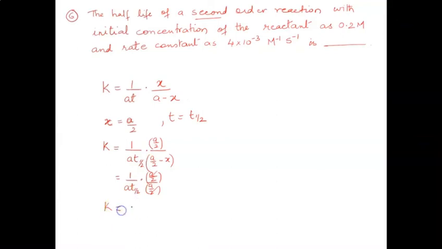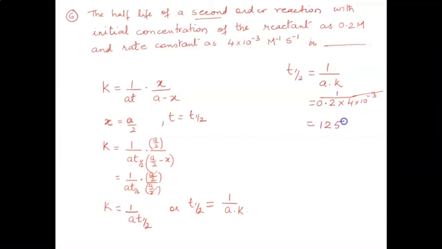So K is equal to 1 upon a into t half, or you can write t half is equal to 1 upon a into K. Now, if you take this formula and substitute the initial concentration given to us as 0.2, and K as 4 into 10 raised to minus 3, if you work this out, it works out to 1250.